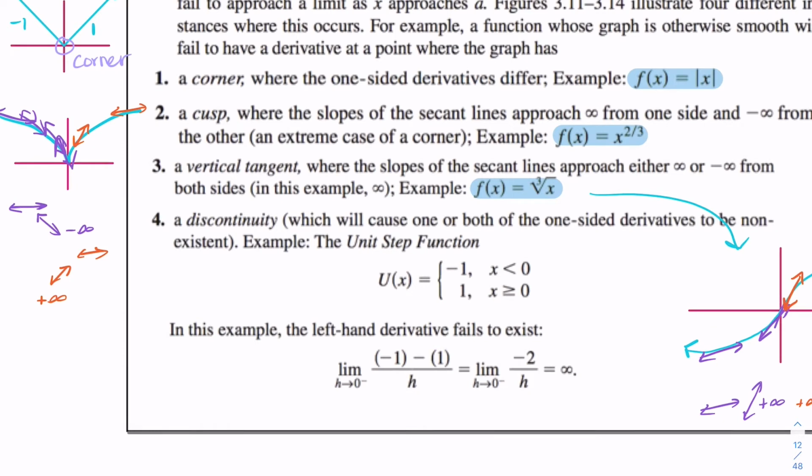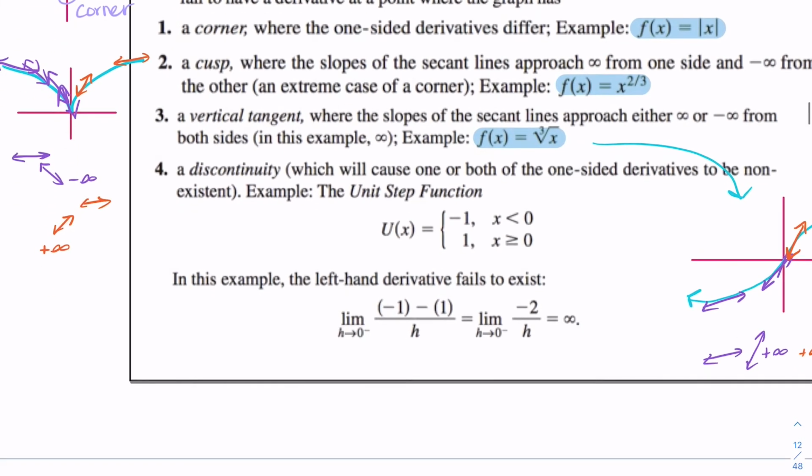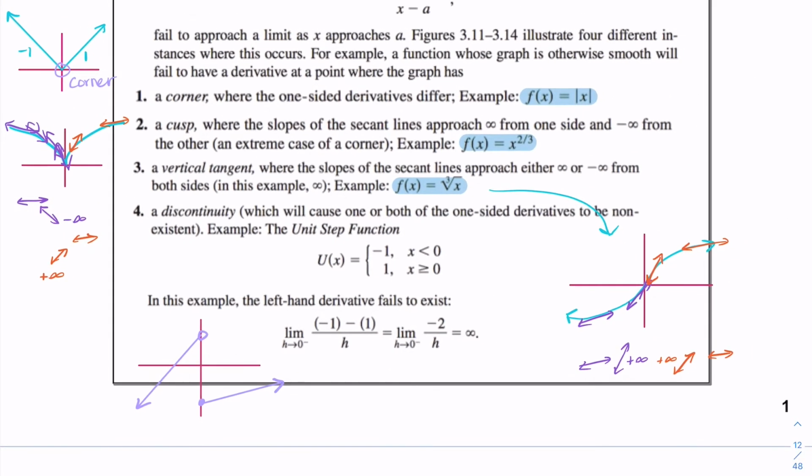The last one is a discontinuity. So if the function is just discontinuous, that is obviously not differentiable, right? So if we get something like this, that would be a discontinuity.